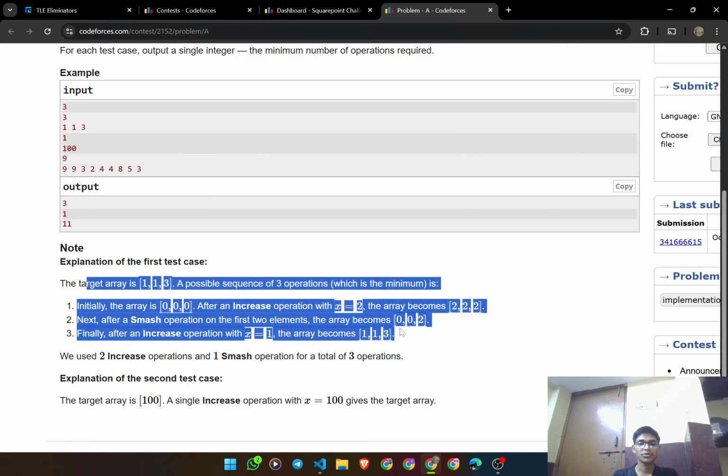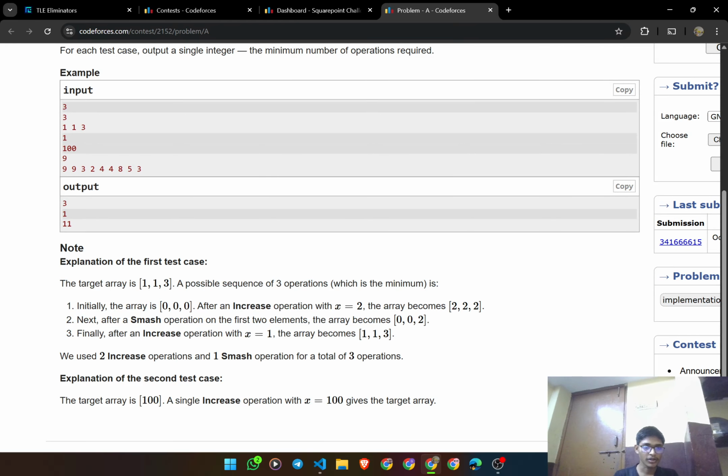So here there are 2 different numbers. For 2 different numbers, starting from 0 0 0, we have to make these numbers. To make this, we will change all of them to 2. After that we will change this 1 1 to make this 1 1. We will change these zeros to 0, and change these 2 twos to 0.